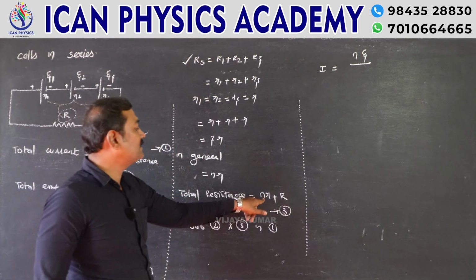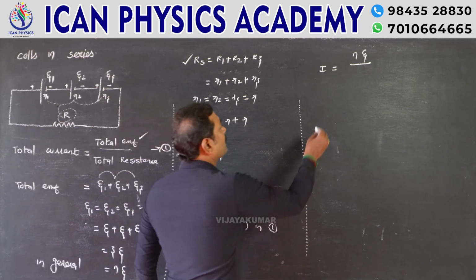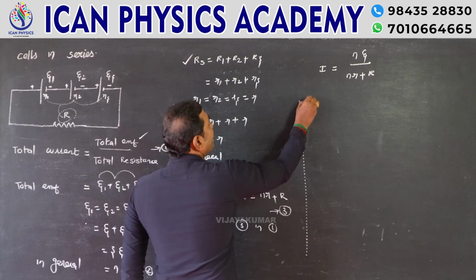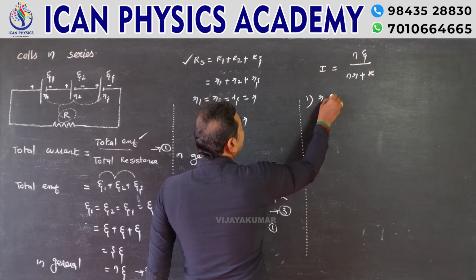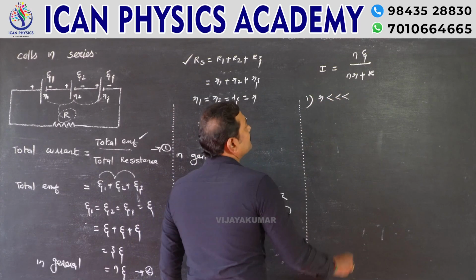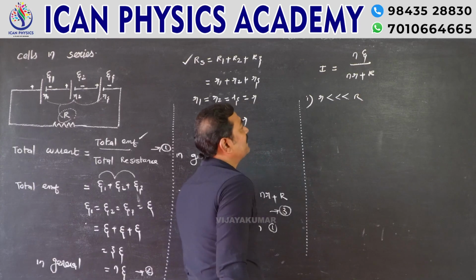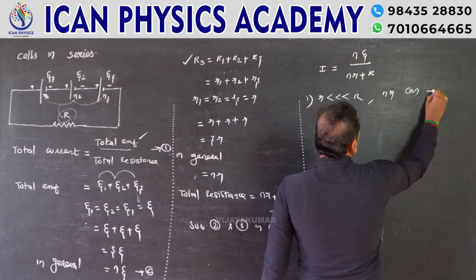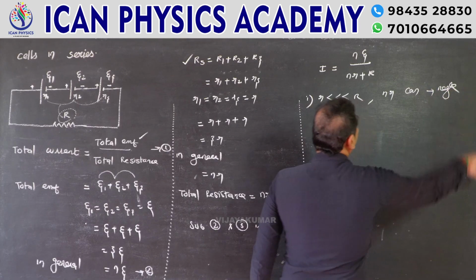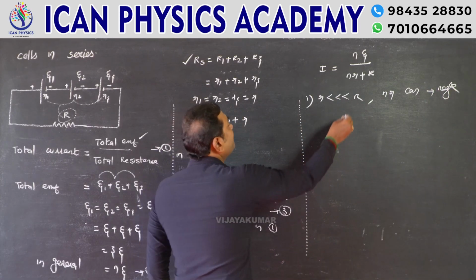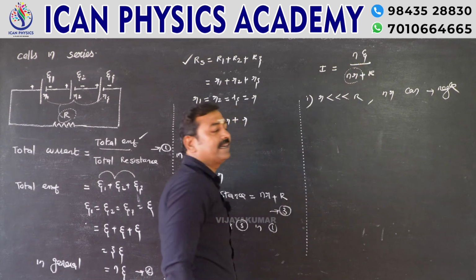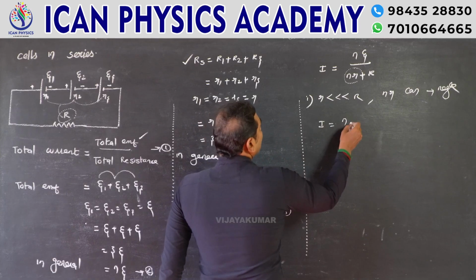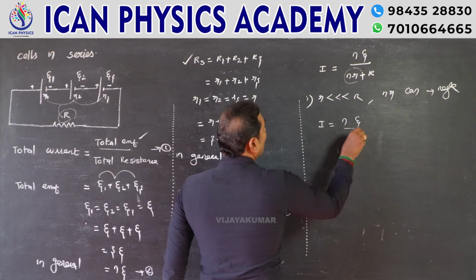So what about total resistance? nr plus R. So first case, when r is much less than the external resistance R, then nr can be neglected. So when we neglect nr, I equal to n times psi by R.